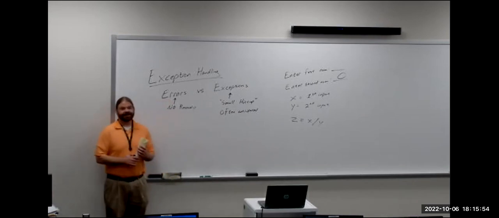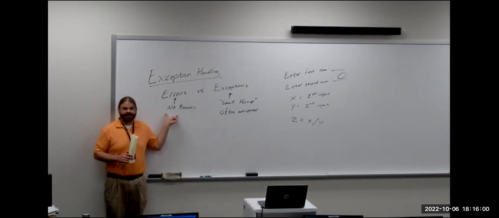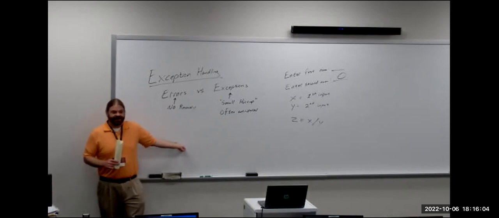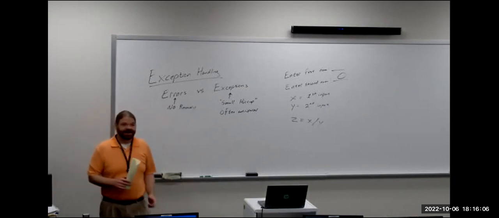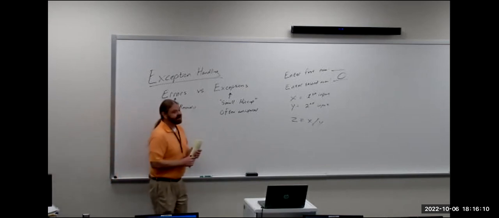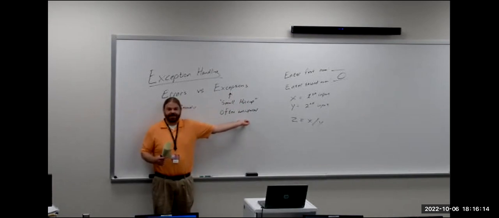An error, put it in terms of an analogy here, an error is like the boat hit an iceberg and it's going down quickly. There's nothing you can do but swim. Hope you fit in a lifeboat or something. There's no recovery from that. Whereas an exception is the things on the boat are getting a little damp.